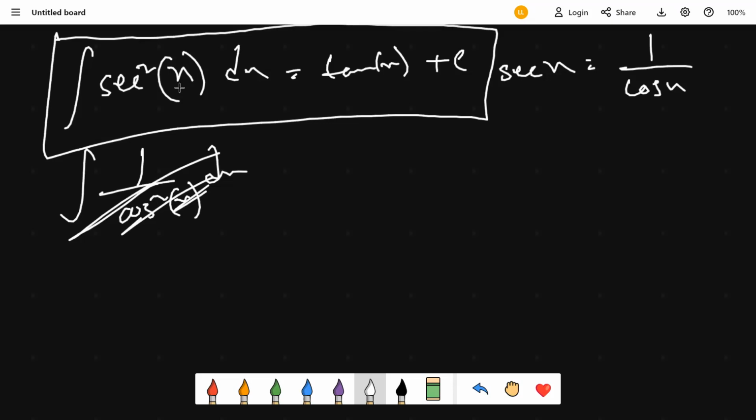Then you have to prepare with gadgets and gear. Then we can dive inside. So right now, know that the integration of sec square x with respect to x is basically tan x plus c. So that's basically all the rules we have.